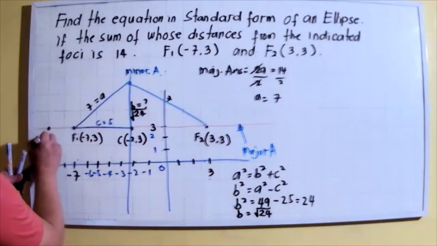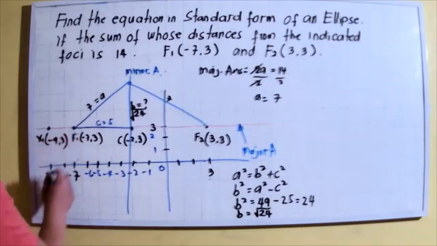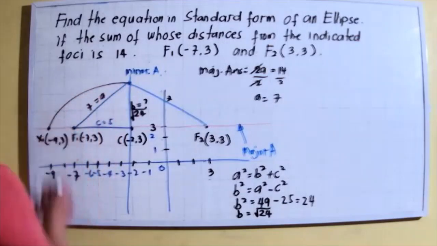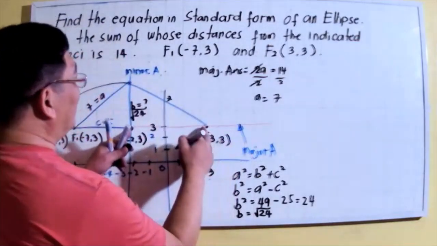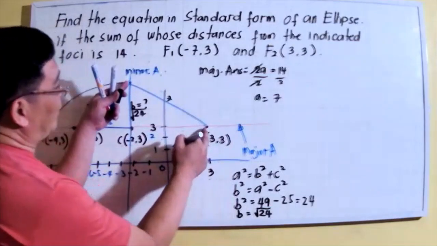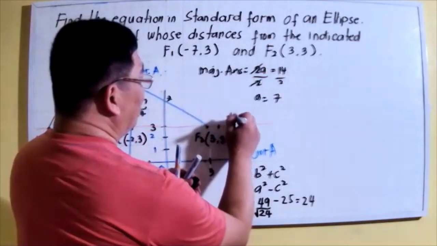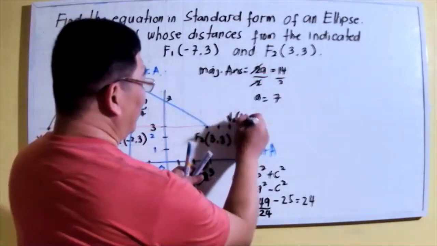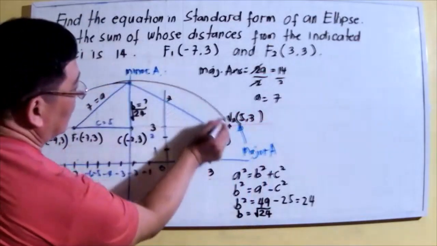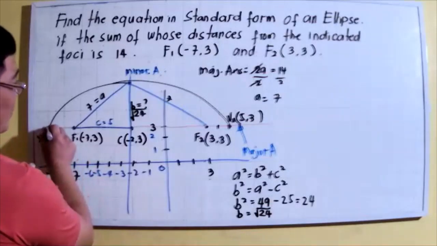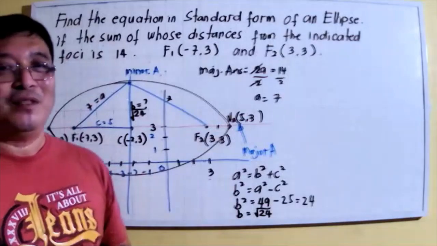Here's the first vertex, that is -9, 3. This is half of the ellipse. How about the other one? Since a is equal to 7, you have -2 plus 7, here's the second vertex, that is 5, 3. Then connect the points to complete it. So, this is the graph of an ellipse.